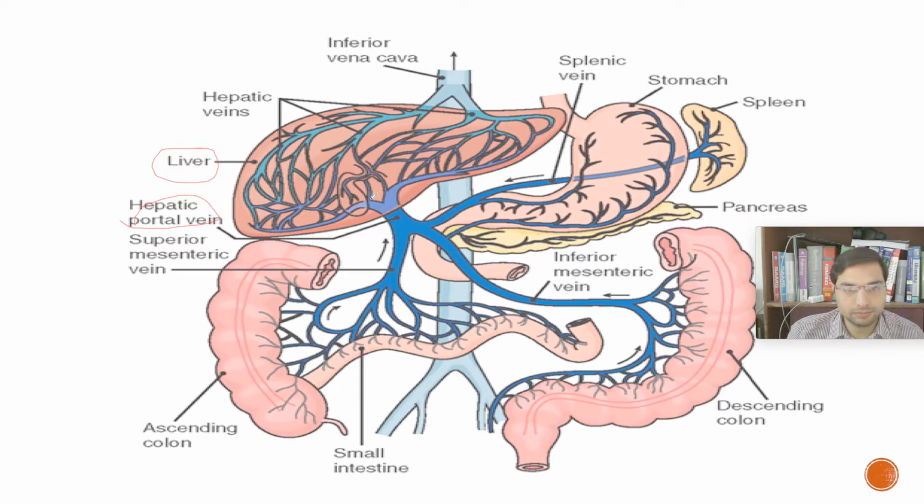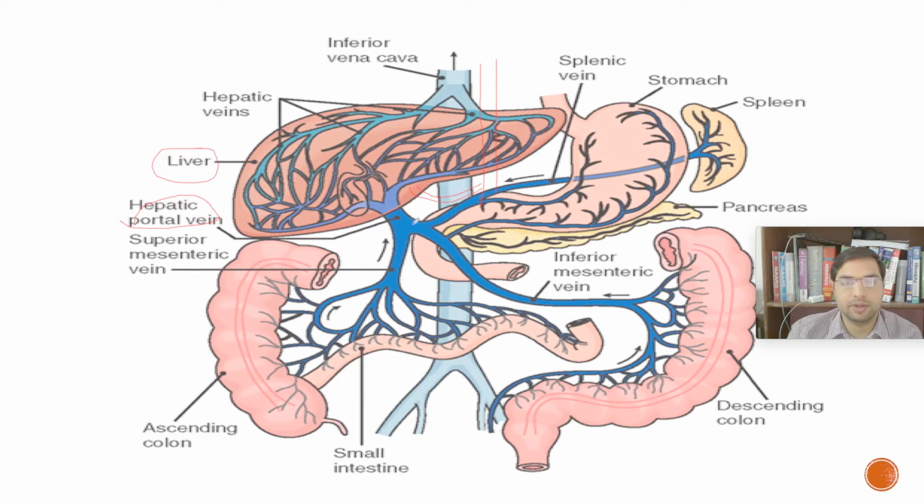There is also one more supply of blood into the liver via the abdominal artery. The abdominal artery runs parallel to the inferior vena cava, and from it the blood enters the liver via the hepatic artery.